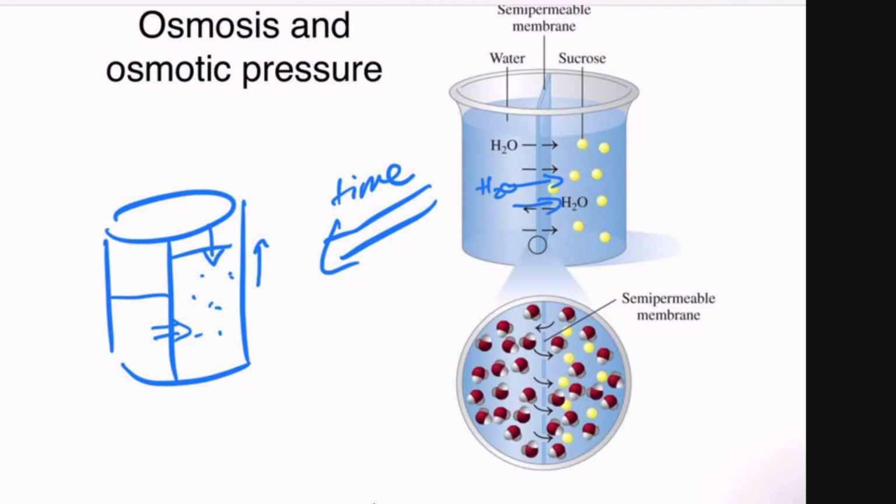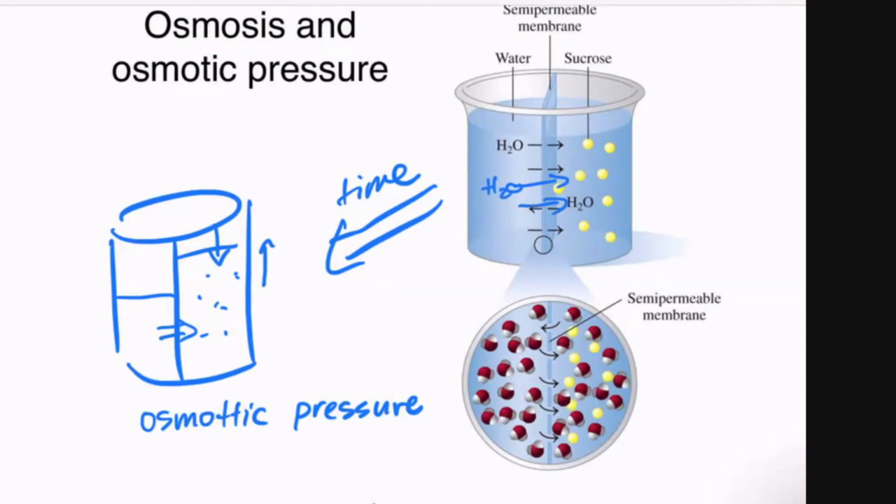This is called the osmotic pressure. The osmotic pressure depends on the concentration of solute particles in your solution. The more particles dissolved, the higher your osmotic pressure will be. The more salt you have on one side, the more water you want to move over, and that amount of water moving over is essentially related to the osmotic pressure.